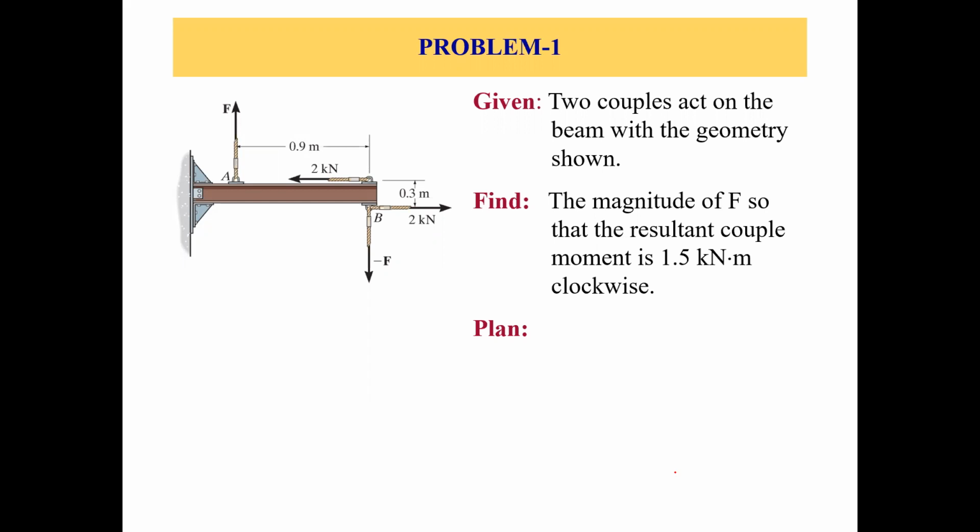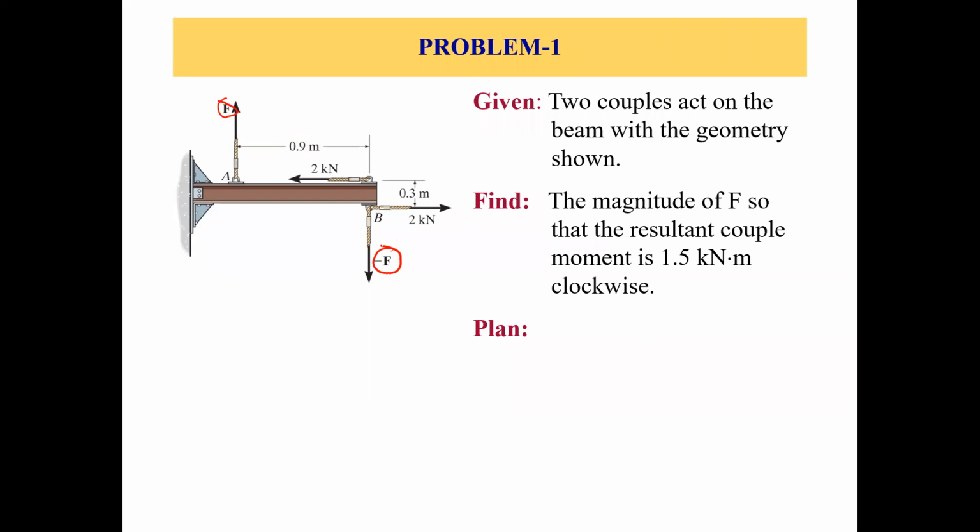We have F here and negative F. This F and negative F make one couple because they are equal, opposite, parallel, and have 0.9 meters perpendicular distance between their lines of action. So this is one couple.